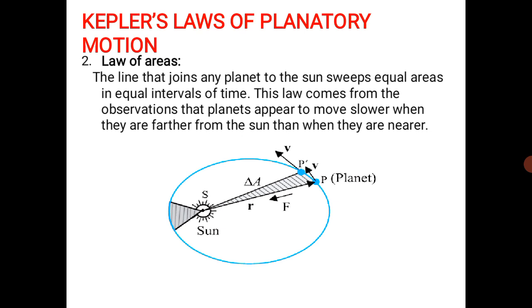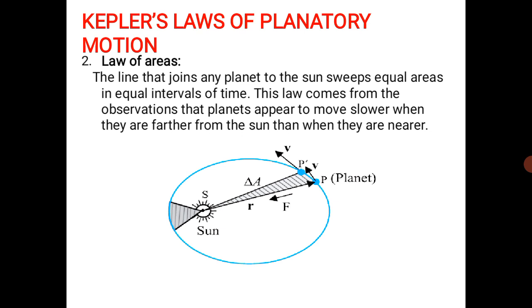The line drawn from a planet to the sun gives equal areas in equal intervals of time. For example, if the position of the planet is at P, after some time, say after 15 days, it comes to P dash.